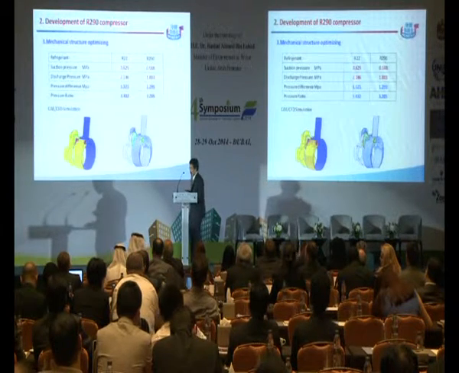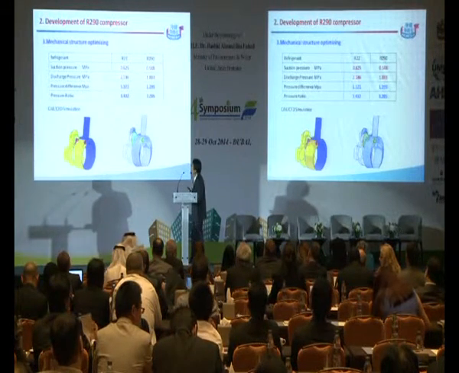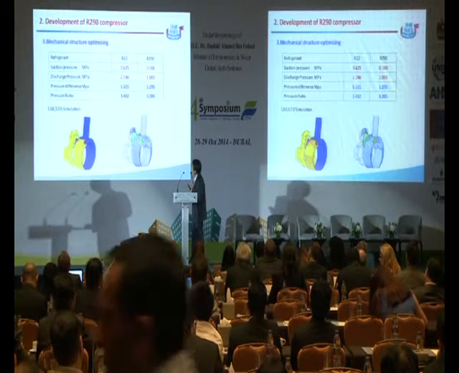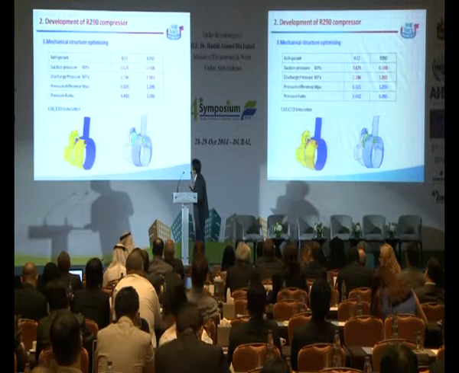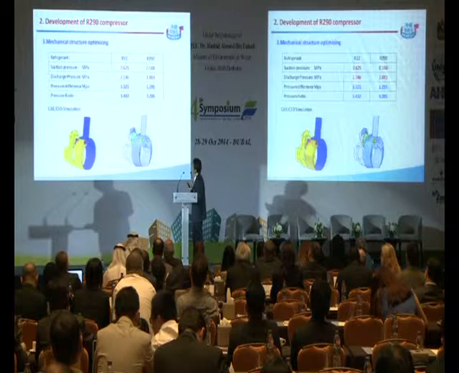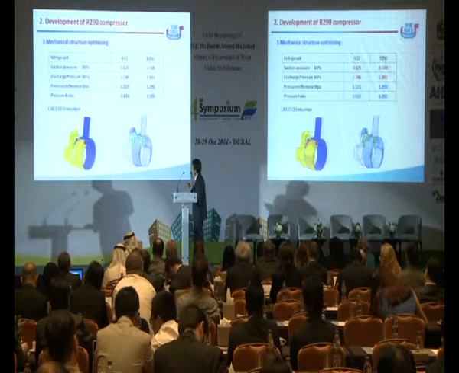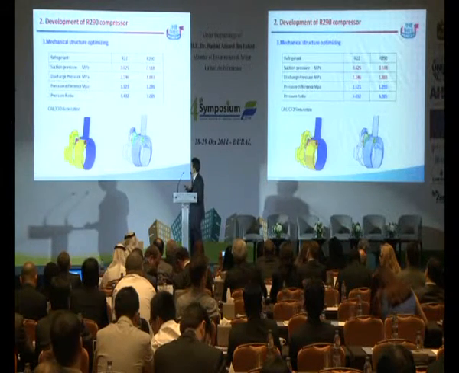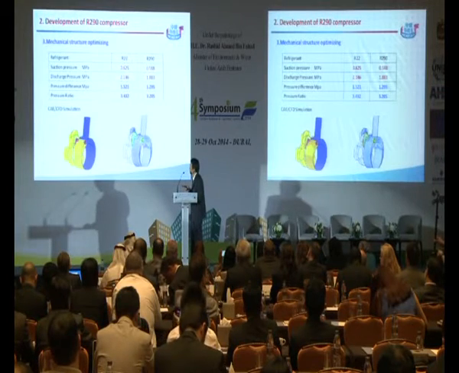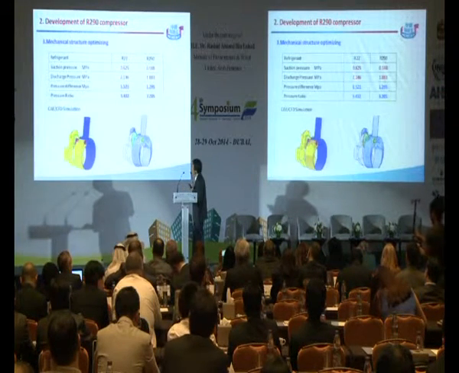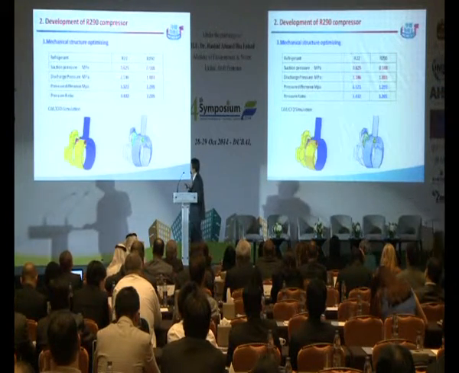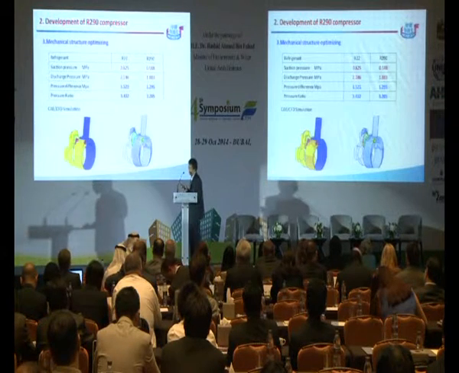As mentioned above, the R290 compressor has lower suction pressure and discharge pressure. It leads to a lower pressure difference and lower pressure ratio. So we need to optimize the mechanical structure according to these factors.